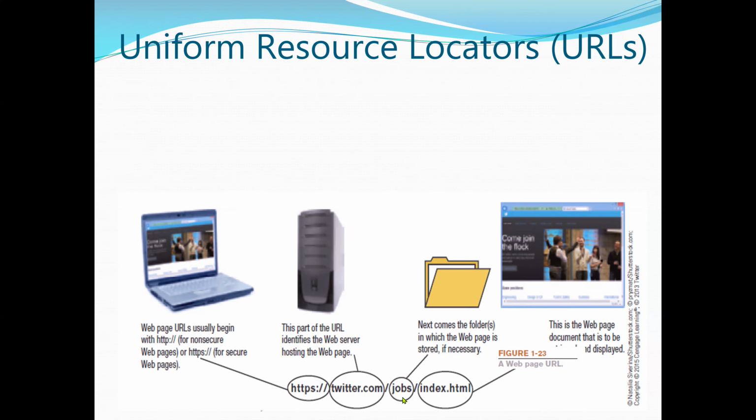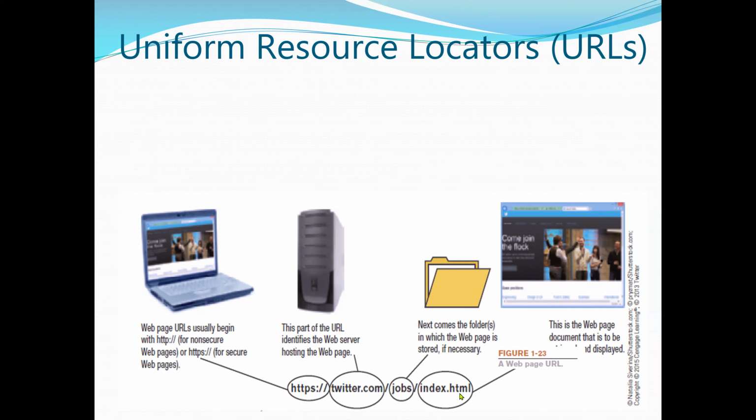Then we have jobs. This will be a folder or a directory. Next comes the folder in which the web page is stored. Then the web page name is index.html. That's the web page URL. So: https://twitter.com/jobs/index.html.